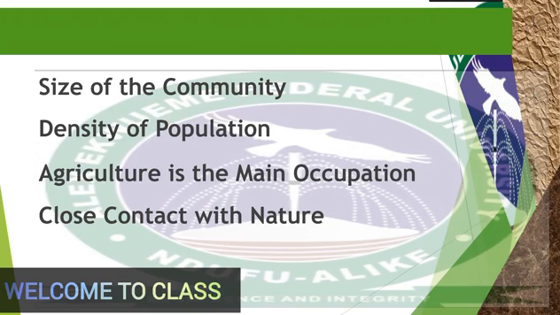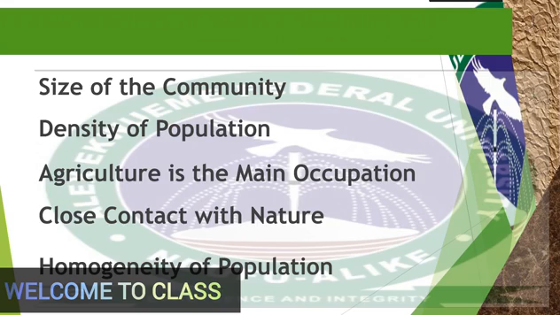Then we look at the idea of homogeneity of the rural population. In discussing homogeneity, we are looking at the nature of the people who live in rural areas, that they are homogeneous in the sense that the inhabitants are connected so closely, because of the closeness they share in terms of their occupation.